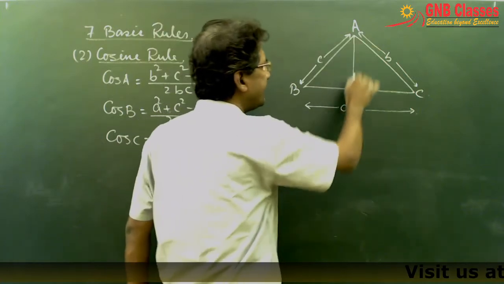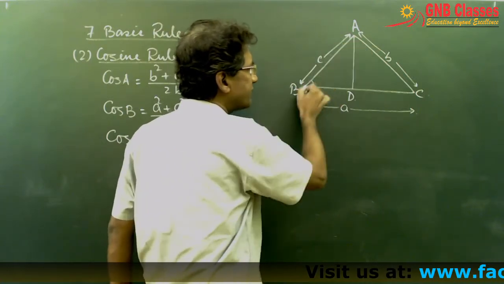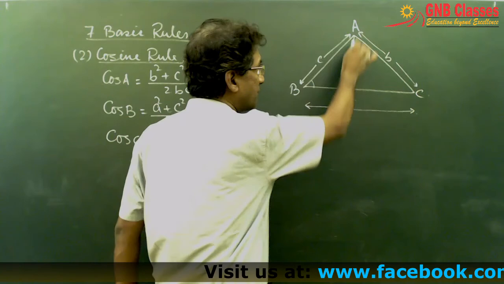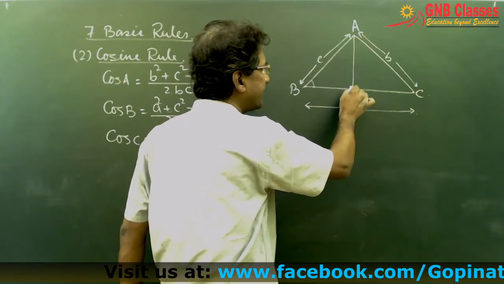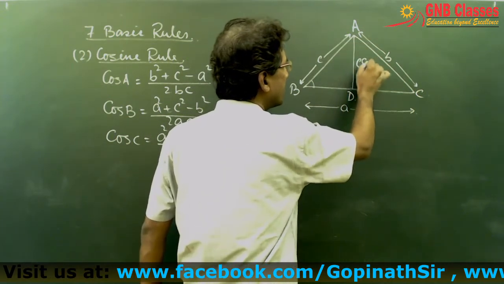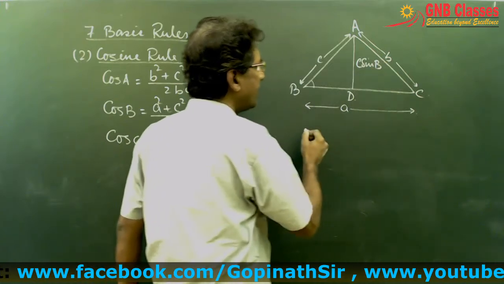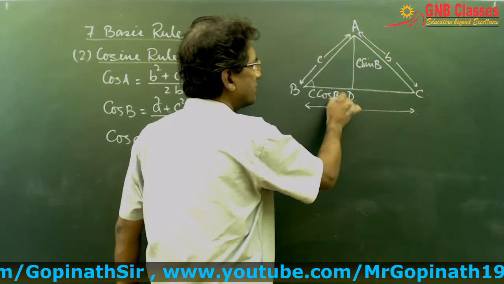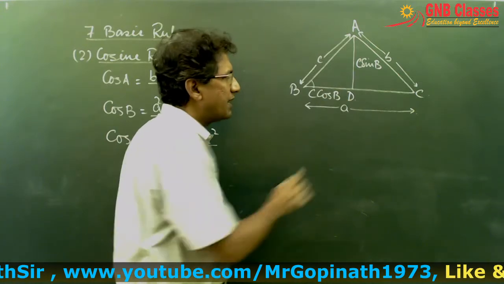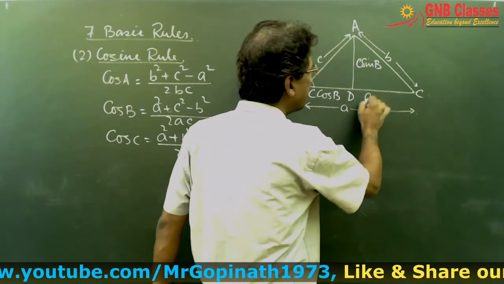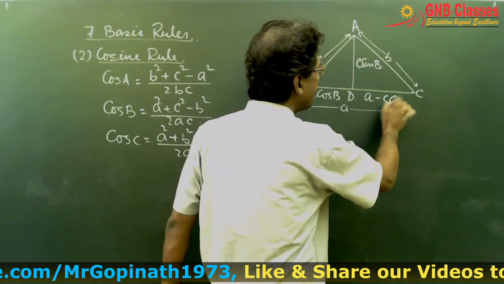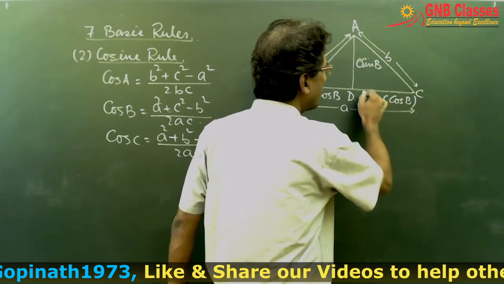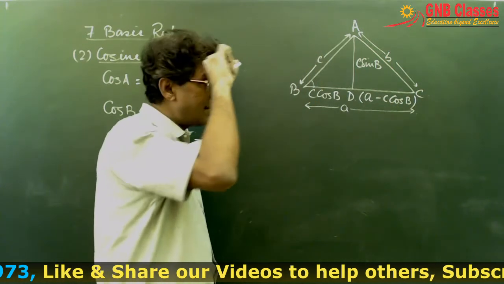So the length AD, this angle is B. So from this triangle we can say the side AD is c sine B, and BD is c cos B. Is it clear? Therefore your DC will be a minus c cos B. Is it clear now?